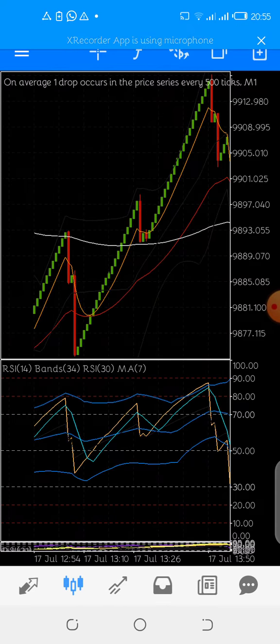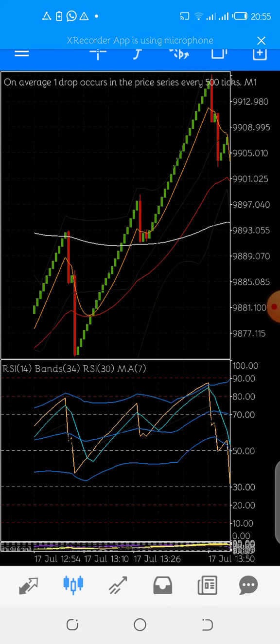You'll always set it to whatever colors suit you. So do you see that golden line? That golden line is RSI 14.